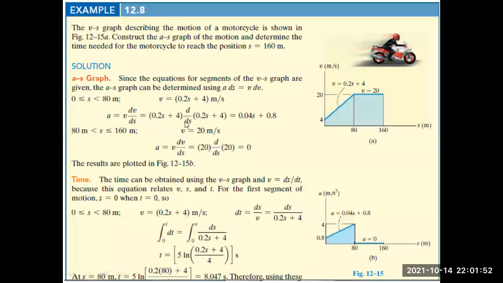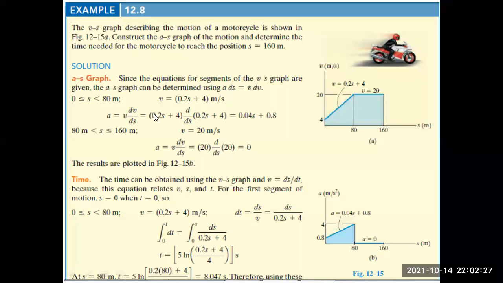So this times this, okay, right? For this domain from 0 to 80, A is equal to 0.04 S plus 0.8. If you differentiate this side with respect to S, what are you going to get? 0.2.